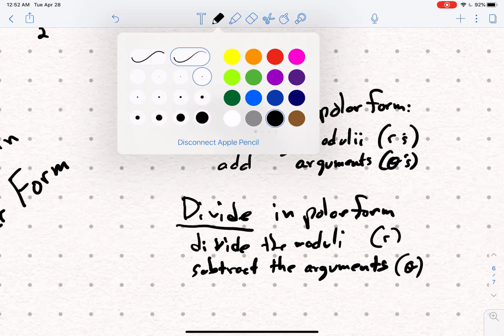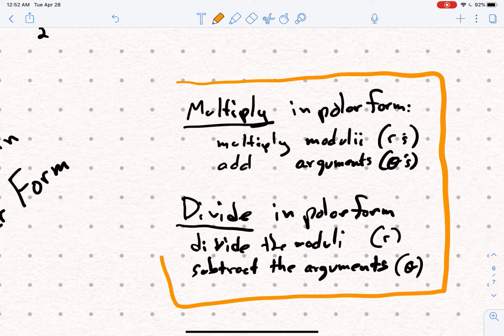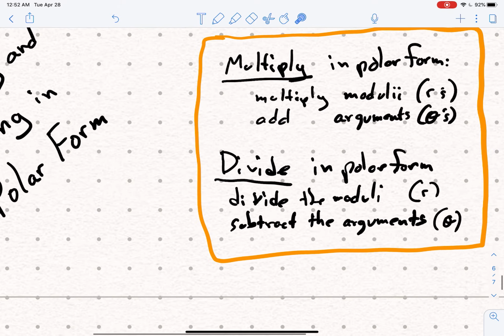This, in my mind, is the intuition, the idea behind this whole section. And now the trouble is that actually carrying it out, there's a lot of things to keep track of. We have two complex numbers. Each one has an r and a theta. There's the cosines and the sines running around, etc. So the formulas don't look neat and tidy, but the idea that they're capturing, which is when we multiply two numbers, we multiply moduli and add arguments. When we divide, we divide moduli and subtract arguments. That is the big idea.